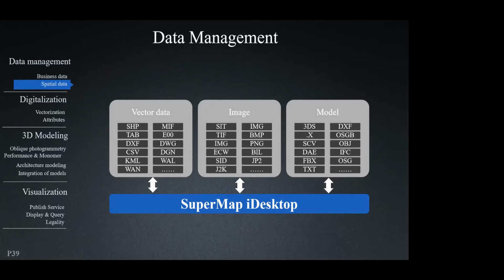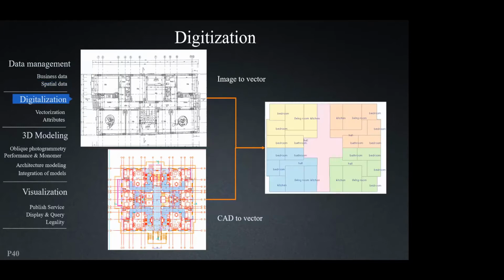So after you import the data to the desktop, if you have the cadastre vector data, you can directly import it into the desktop. But if you don't have it, you also don't need to worry about it.